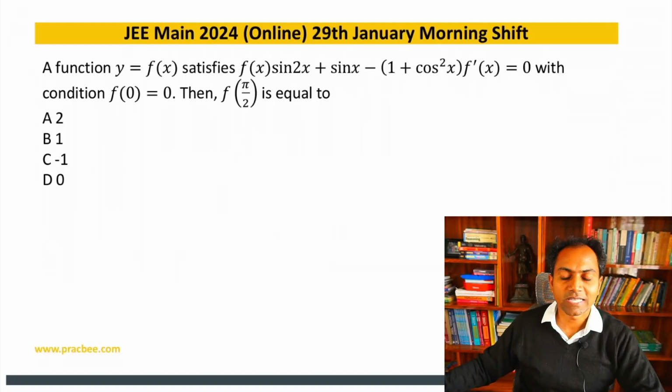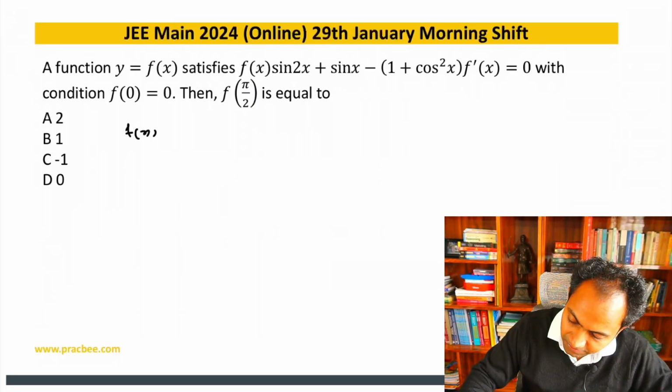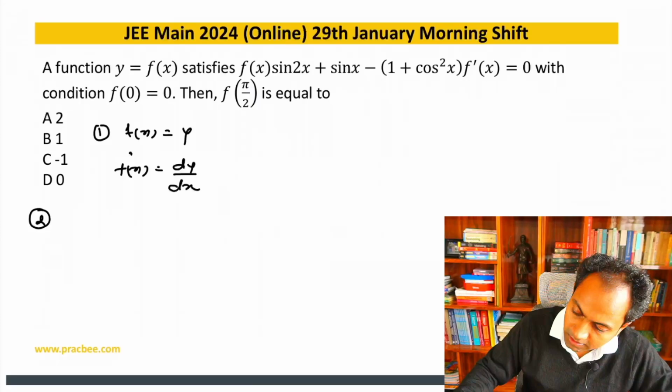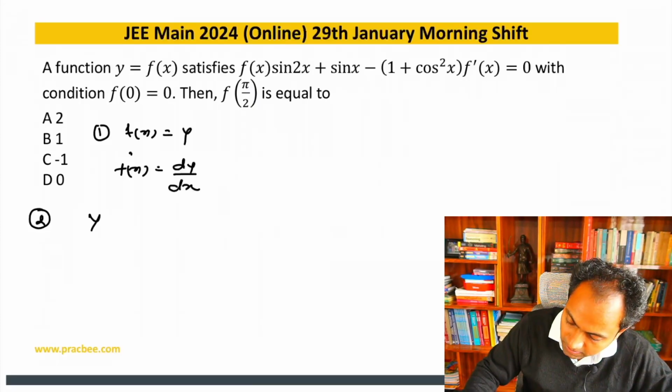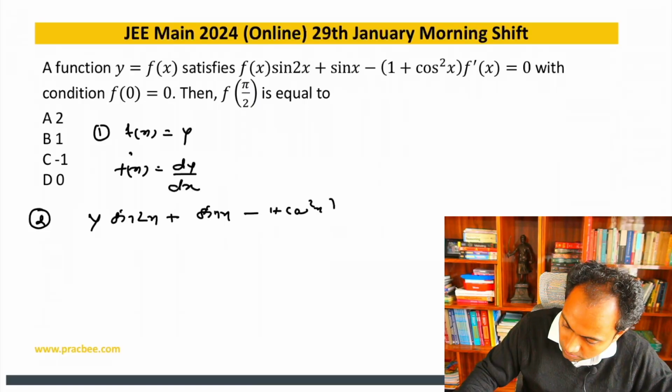If I look into this next 2024 question, they have just jumbled things up. So if we have f(x) as nothing but y, f dash of x can be written as nothing but dy by dx. This is the first step. In the next one, if I substitute the value, this will become y sine 2x plus sine x minus 1 plus cos square x dy by dx will be equal to 0.